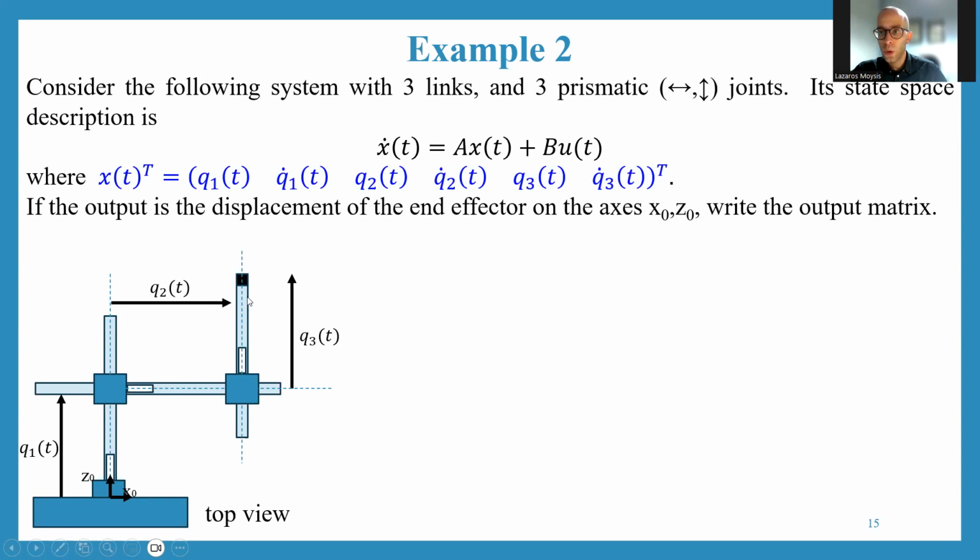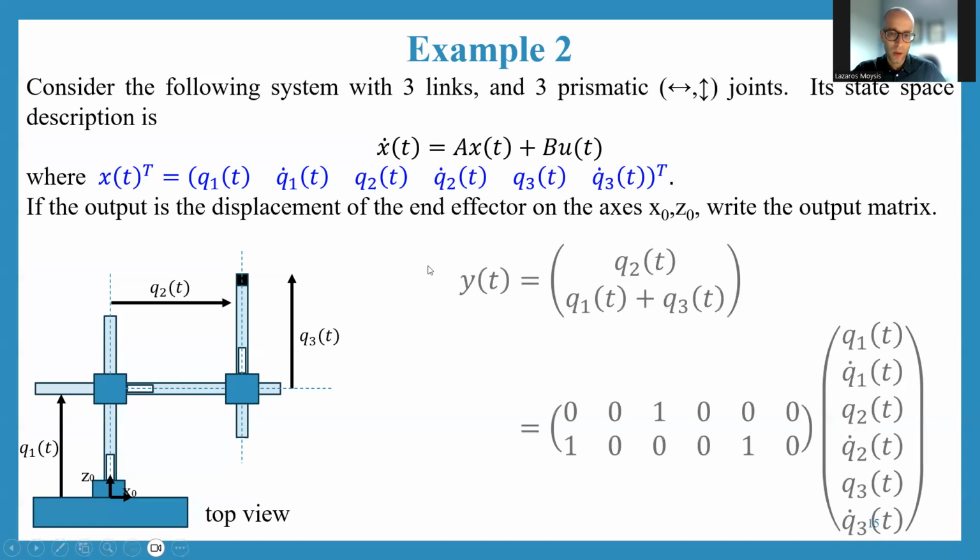So one output is going to be Q2, the displacement in the horizontal axis. Now in the vertical axis, the position here is going to depend on how high is Q1 and how high is Q3. So the displacement overall is going to be the addition of these two, Q1 plus Q3.